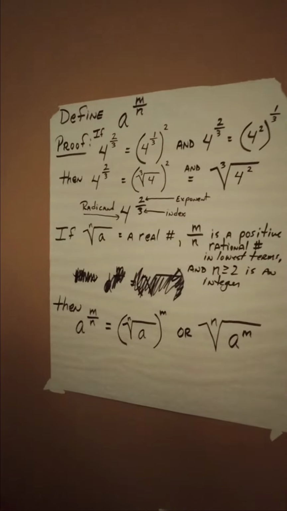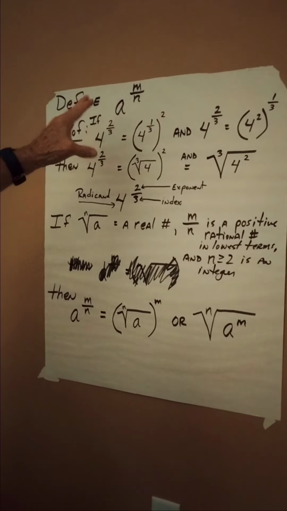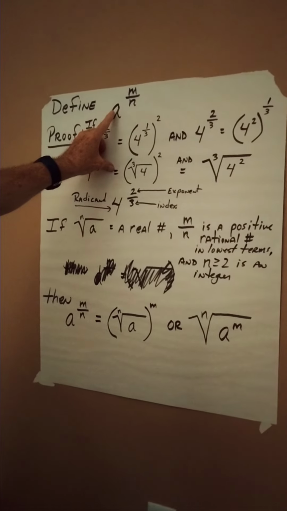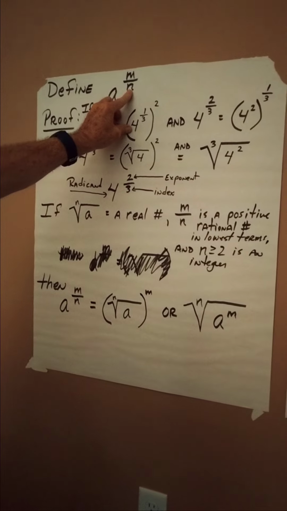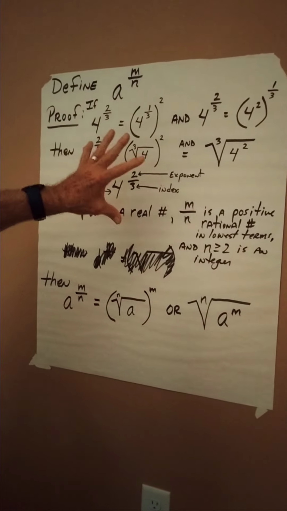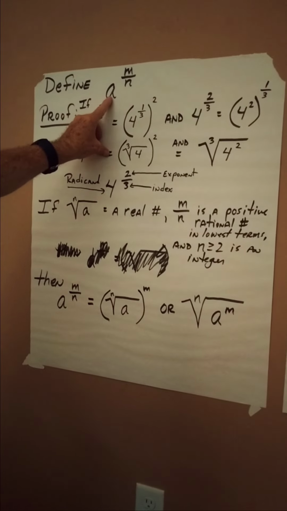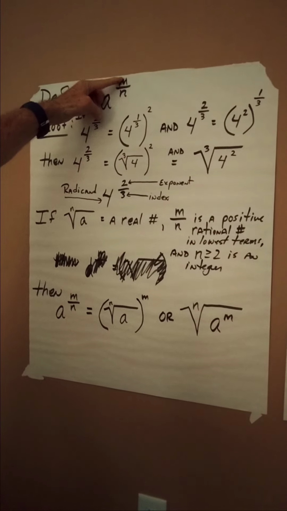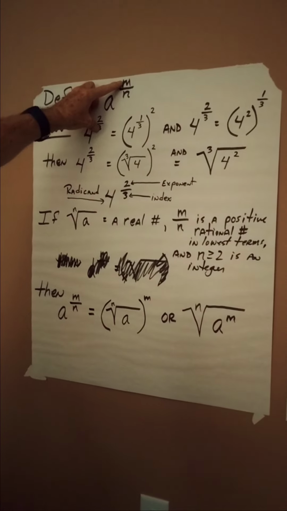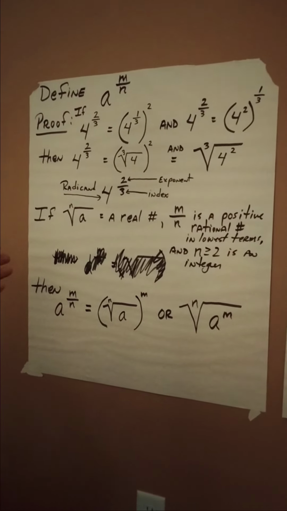So on this sheet right here, we're now going to define another exponential expression: a to the m over n. Now simply put, before we actually make the defined statement, in this particular case, a we know is the base. Here's the rational exponent. m and n are going to represent positive integers.